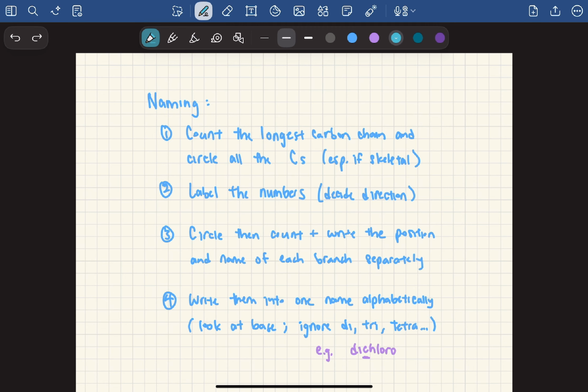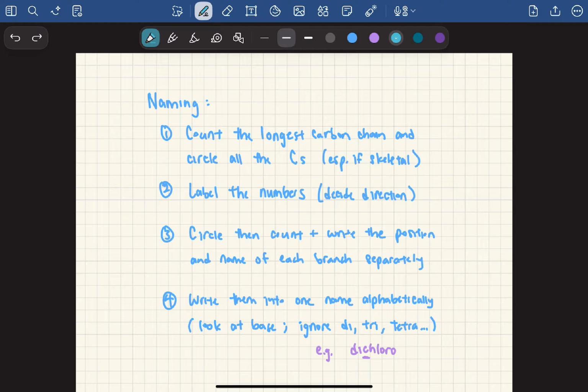So the naming, how I start, I kind of break it down a lot because I don't want to get too confused. But first you have to count the longest carbon chain. And I think I always mess up a lot on this, but you have to make sure that you're not just counting the longest branch in the middle. You have to make sure that you find the longest branch in the entire compound, which sometimes means you might curl up or curl down instead of being in a straight line.